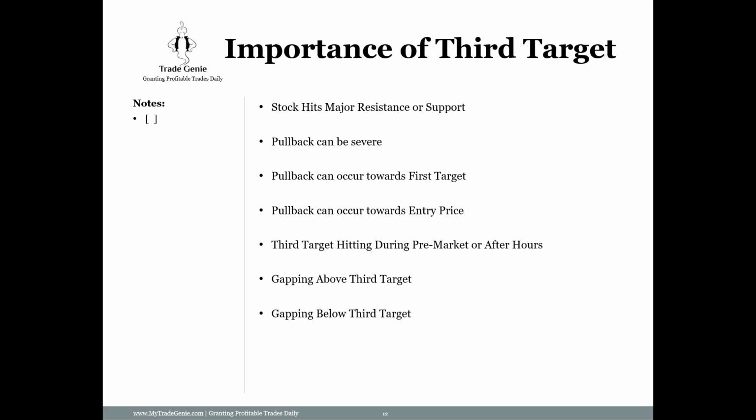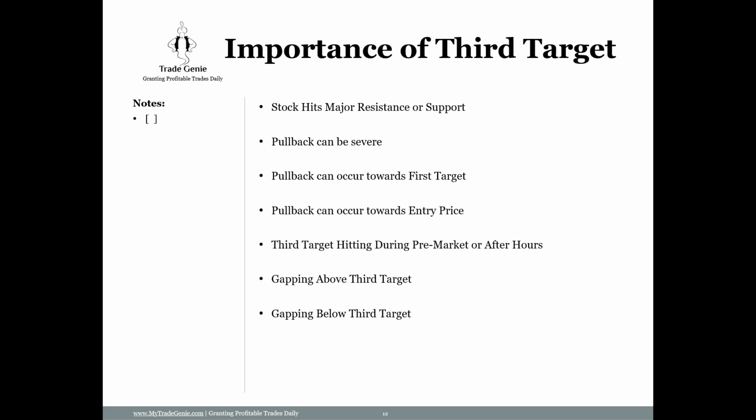The same way with gapping below the third target for the puts. If you have puts and the third target was the support level and it gapped down. Let's say 100 was the support and that was your target, and you entered at 110 when you executed your puts. If it gapped down below 110, let's say it's trading at 108, 107, then the support of 110 is broken.